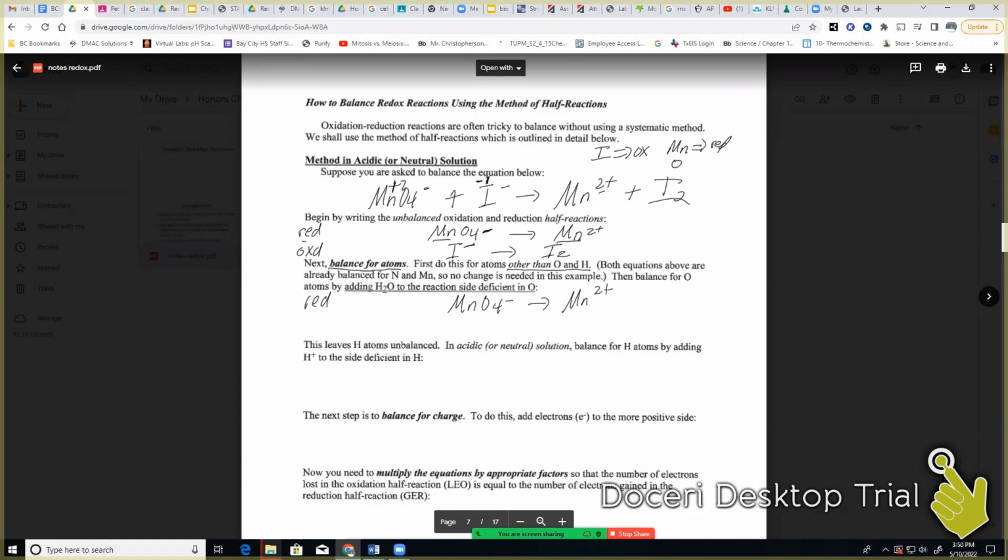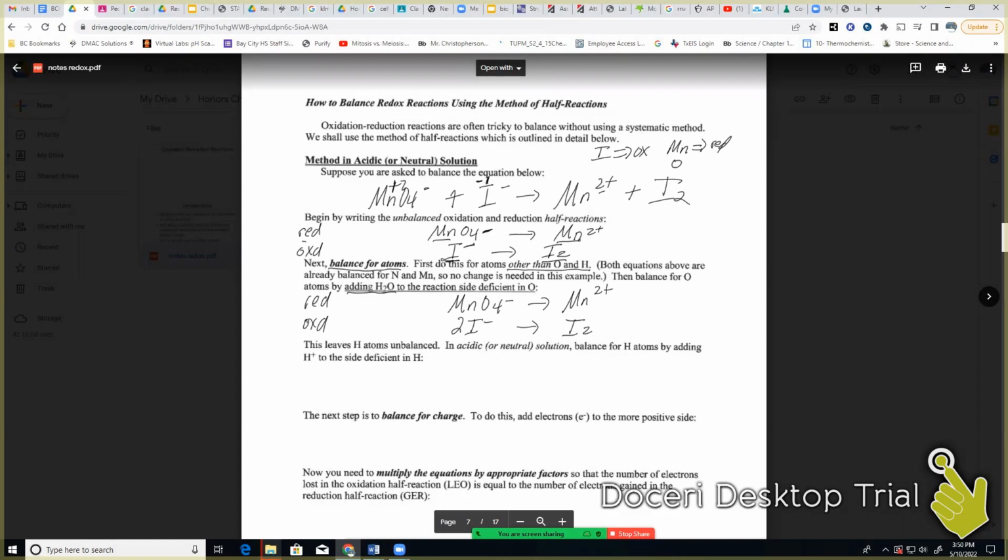But if I look at my oxidation half, I have 1 iodine here and 2 here. So I'm going to balance that. I'll put a 2, and that will give me an I2 here. At this point, we need to add water to any half reaction if it needs oxygen.